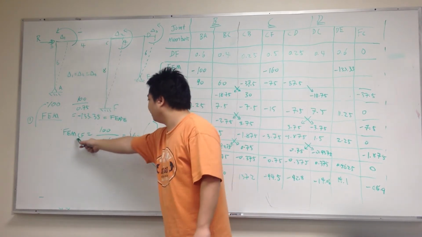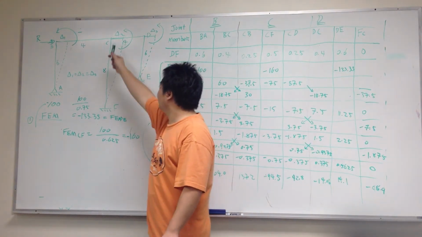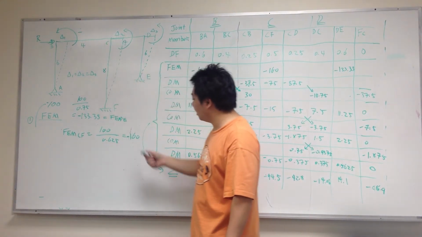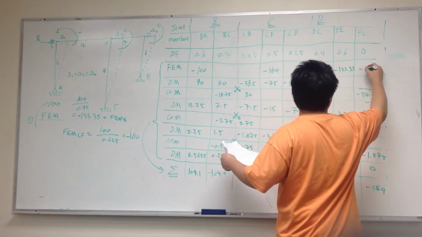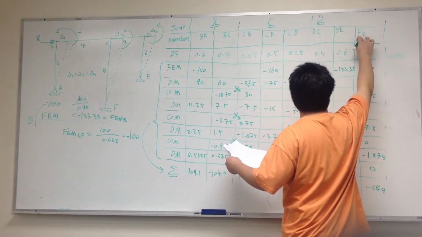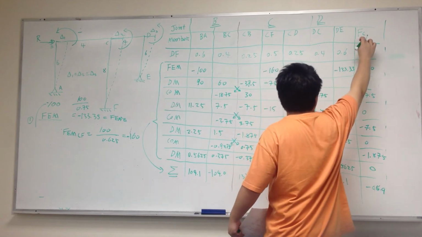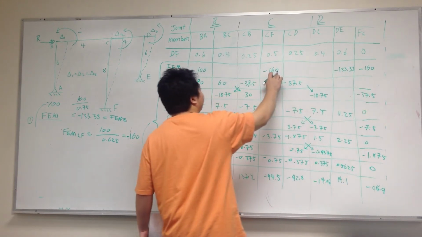If CF is equal to negative 160, FC is also equal to negative 160.